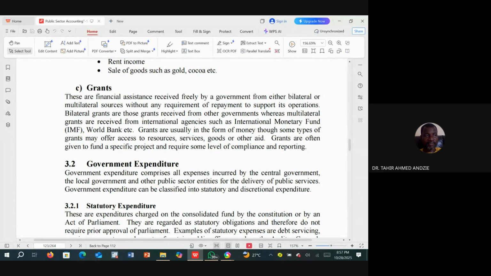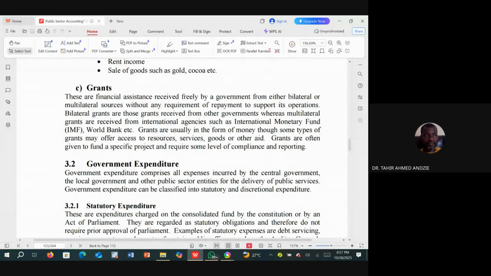Take notes. Bilateral grants are those received from other governments, whereas multilateral grants are received from international agencies such as the International Monetary Fund and the World Bank. Grants are usually in the form of money, though some types of grants may offer access to resources, services, goods, or other aid.